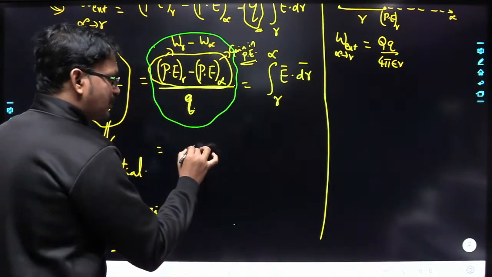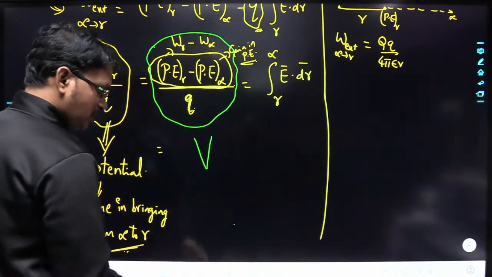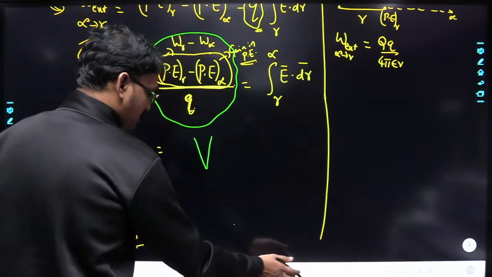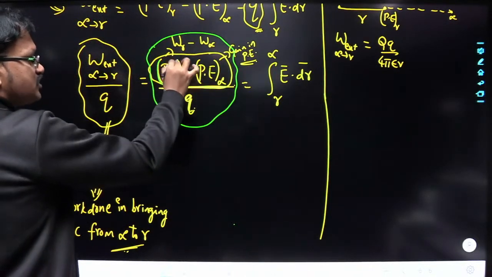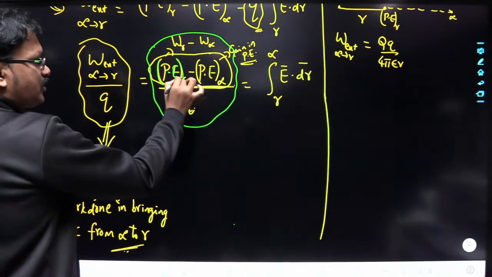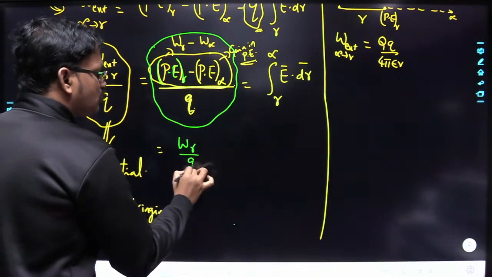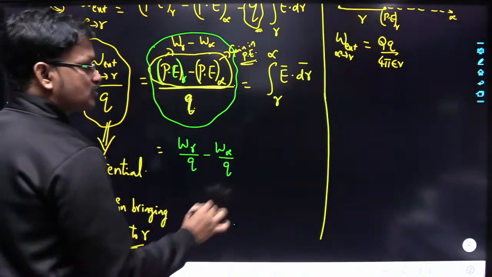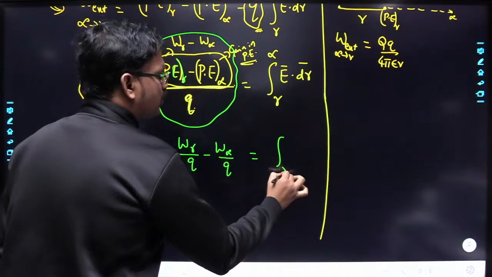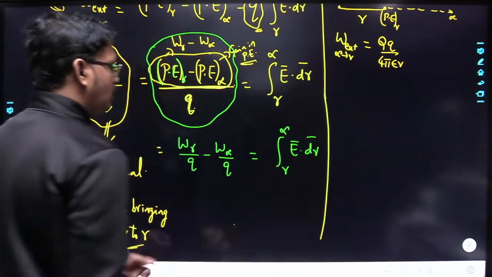So whenever I am representing electrostatic potential, how will I represent it? Here we have potential energy at R by Q minus potential energy at infinity by Q. This is equal to the integral from R to infinity of E bar dot dr bar.